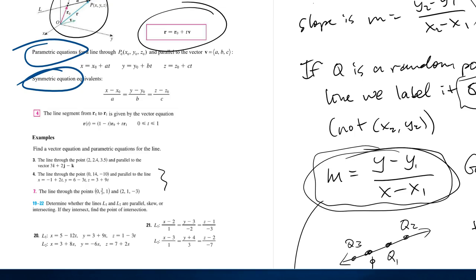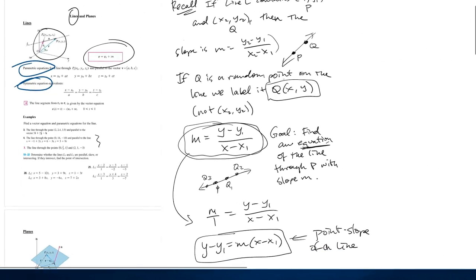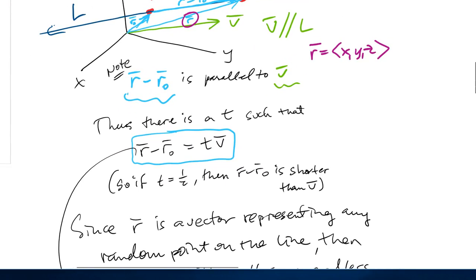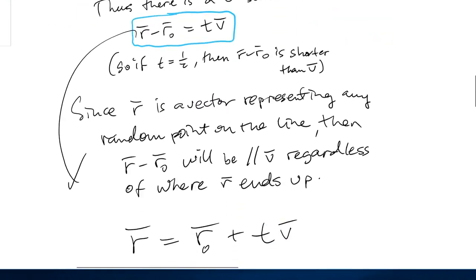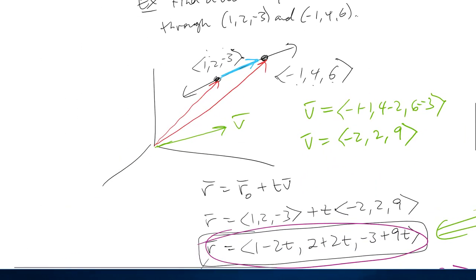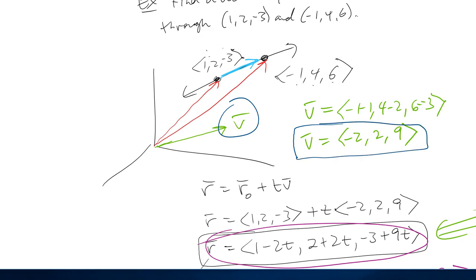Oh, one thing I want to show you is the coefficients of t are a vector parallel to the line, okay? So that's one major fact, right? When you work this out, see how this green vector v was parallel to the line, and this vector v was negative 2, 2, 9.